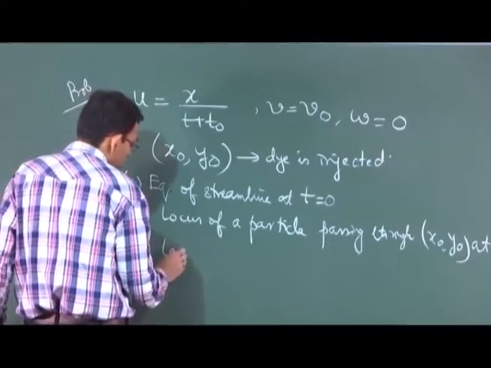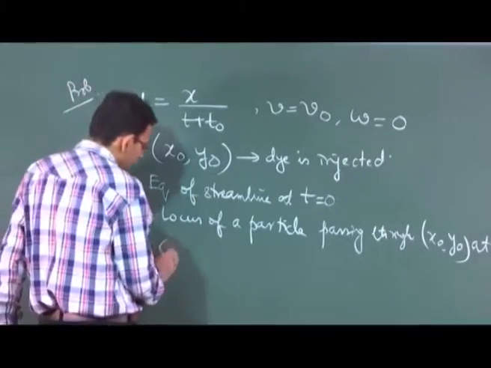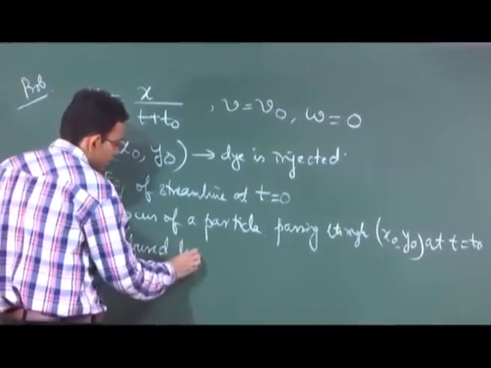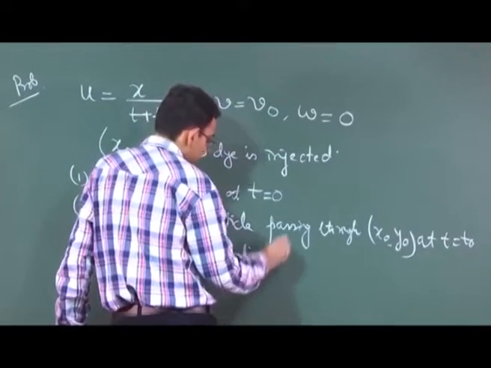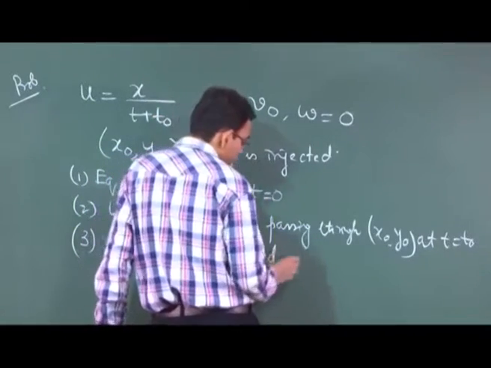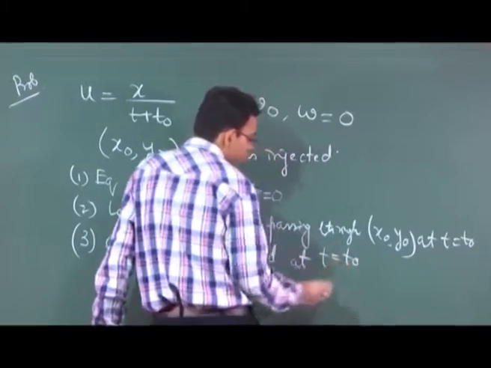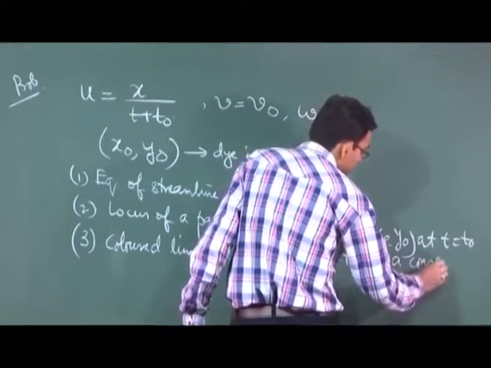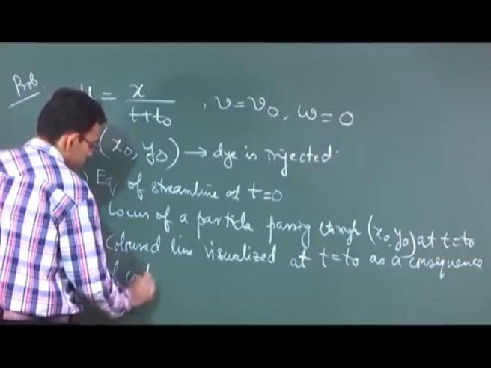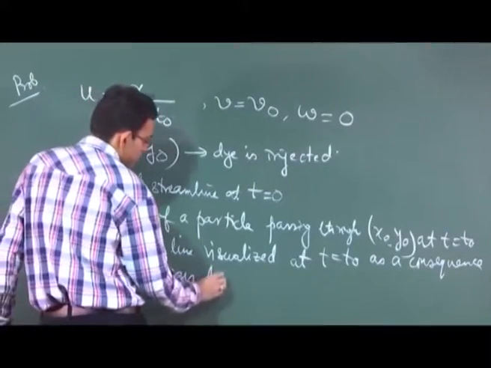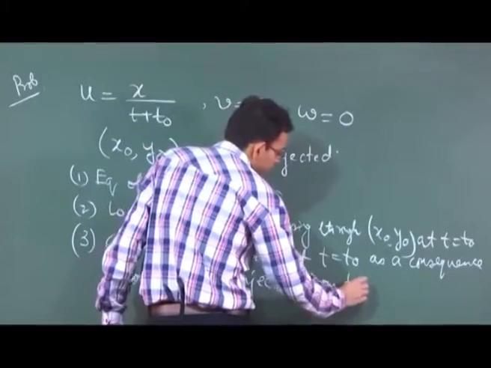And the third is the colored line visualized at t equal to t0 as a consequence of continuous dye injection from t equal to 0.